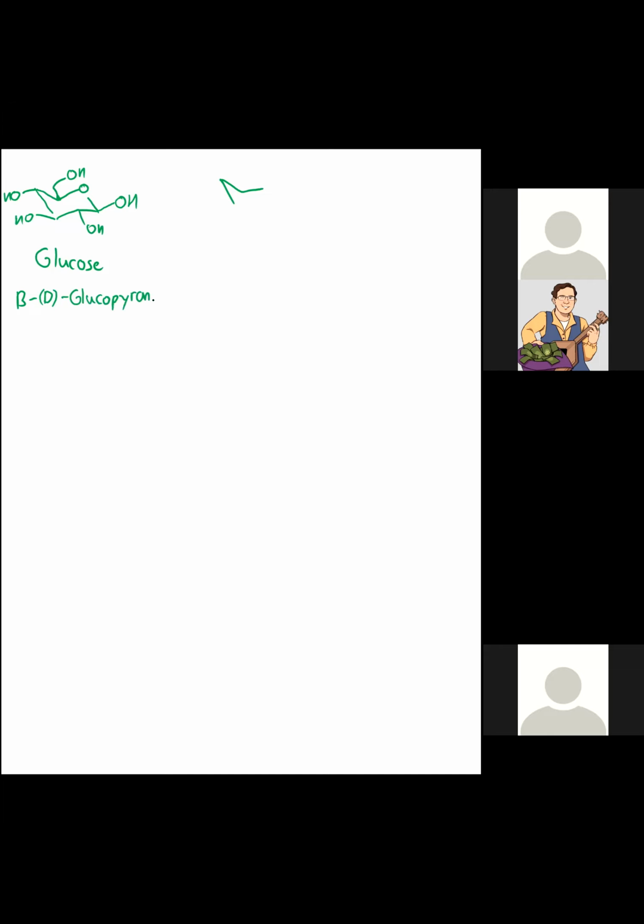In this name, I've got all the information about what exactly is here. It's a beta glucoside because this thing is equatorial. D tells me the enantiomer. It's kind of like R and S for the entire molecule. Glucose tells me the relative stereochemistry of all the hydroxyl groups. And it is a pyranose, which tells me it's in the six-membered ring form.